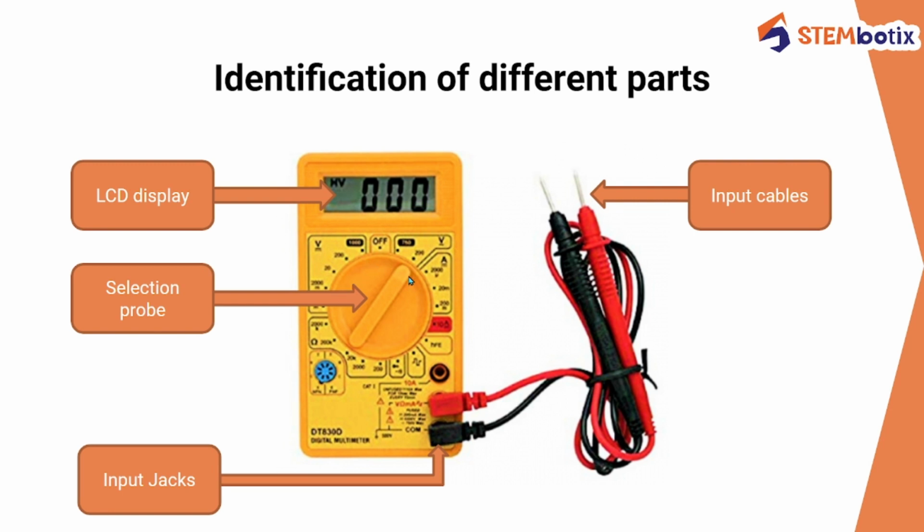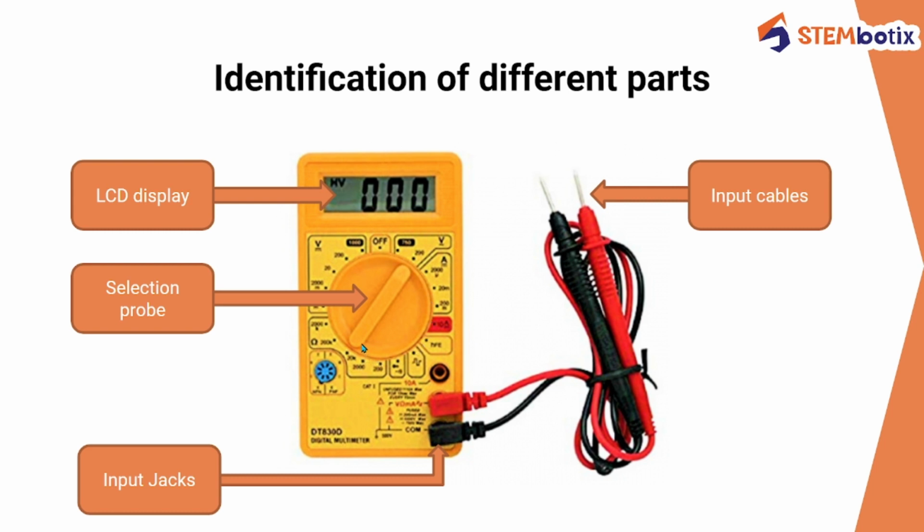Now, here this is a selection probe. Using this, you can change your functionalities. You can change its functionality by moving it in clockwise direction or in anti-clockwise direction. So this is something like a probe or knob.